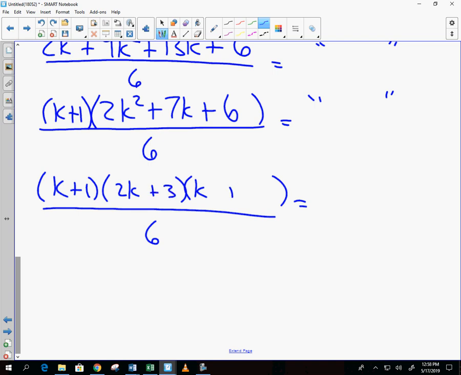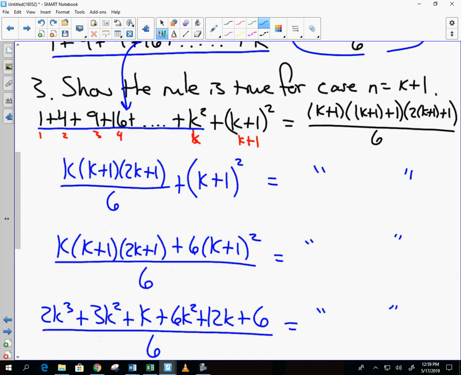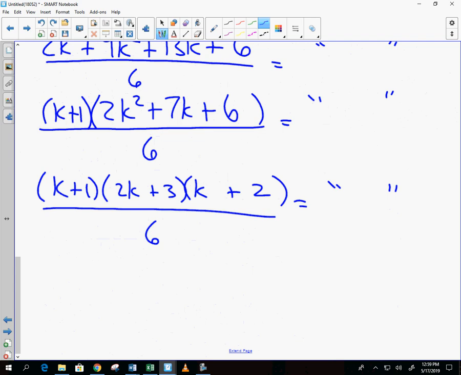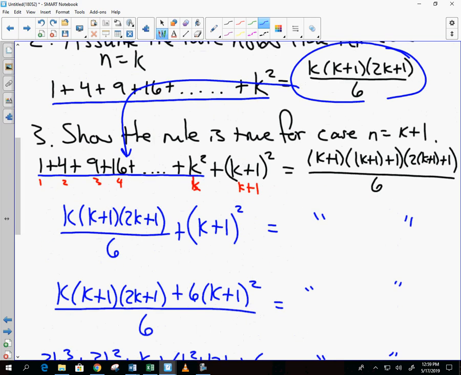Plus 3, plus 2. Oh, hey, wait a minute. It looks like on the end here, I got a k plus 1, don't I? That's like k plus 2. And it looks like on the end over here, I have 2k plus 2 plus 1, right? That's like a 2k plus 3.